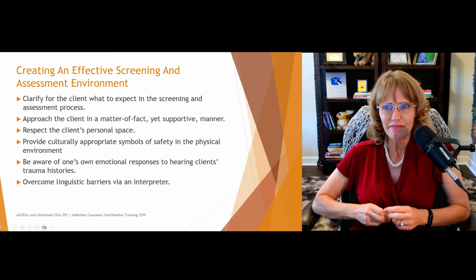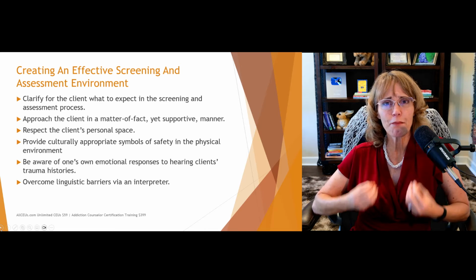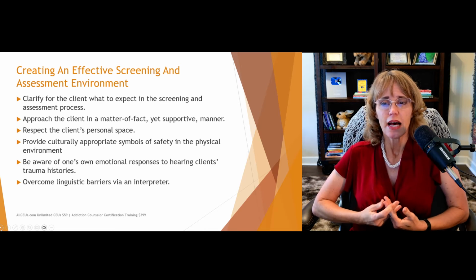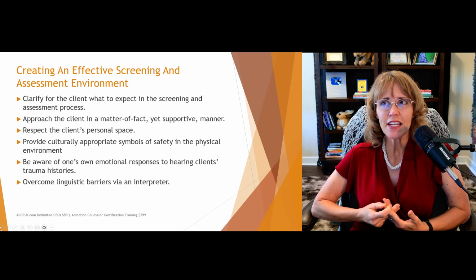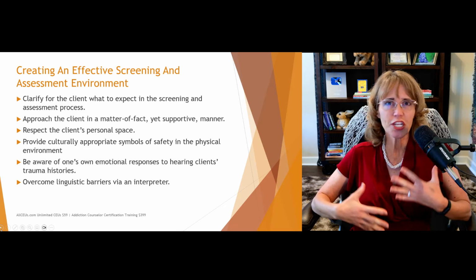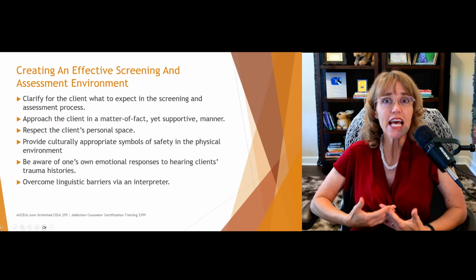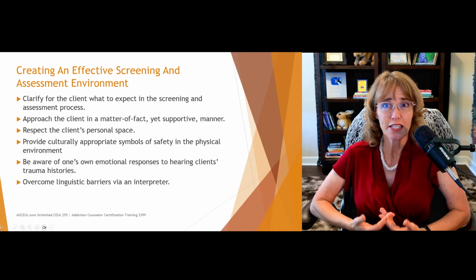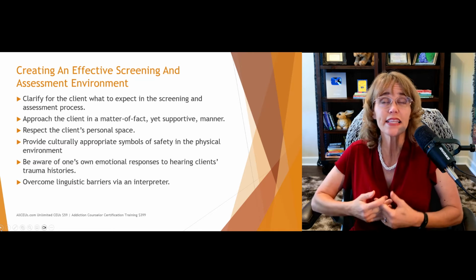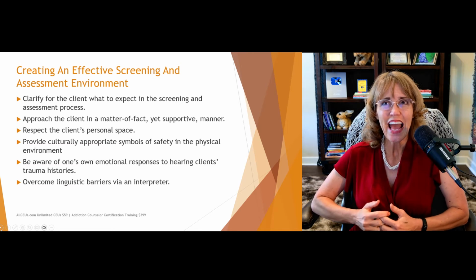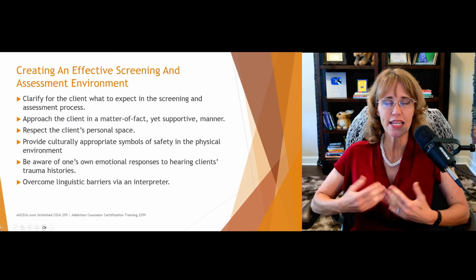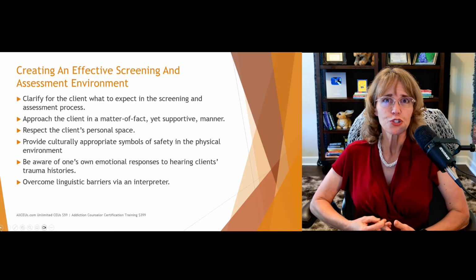I've heard a lot of things, but it's important for me to be supportive and not have any hint of judgmentalism, if that's a word, on my face when they are telling me about their trauma history. We talk about it in a way that feels comfortable for them, and I am accepting and receptive to what's going on.